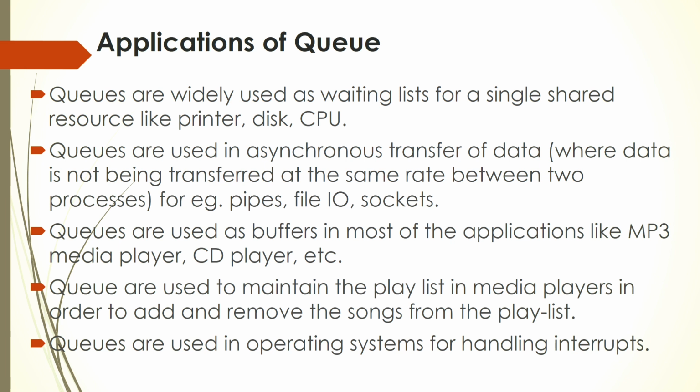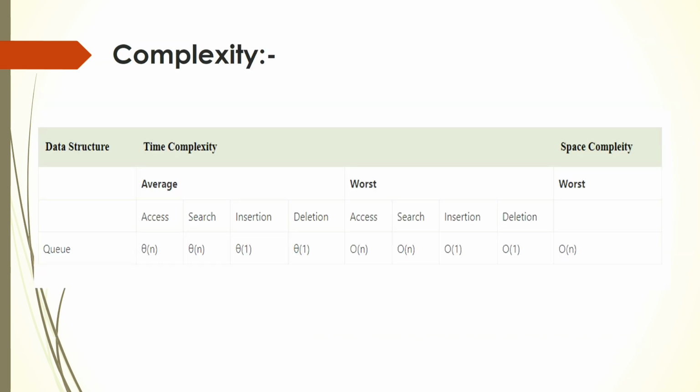For example, pipes, file I/O, sockets, etc. Third point is queues are used as buffers in most of the applications like MP3 media player, CD player, etc. Queues are used to maintain the playlist in media players in order to add and remove the songs from the playlist. Queues are also used in operating system for handling the interrupts.